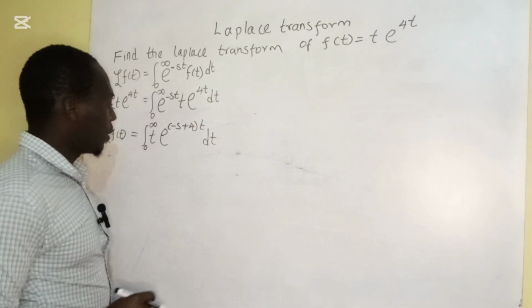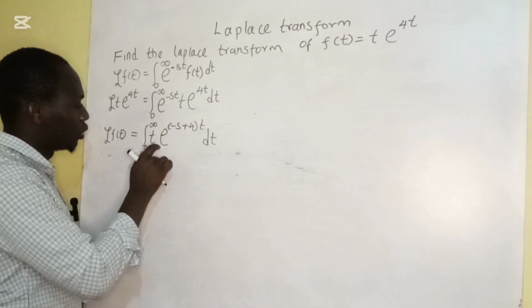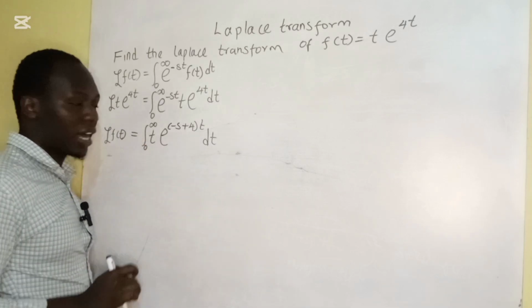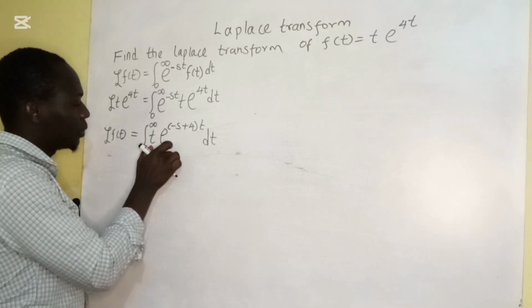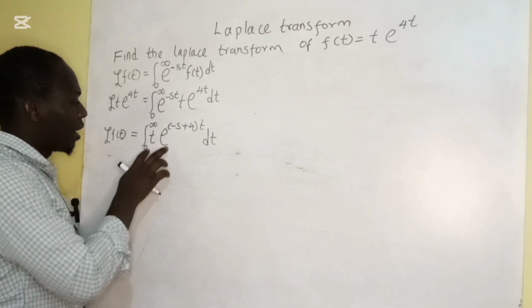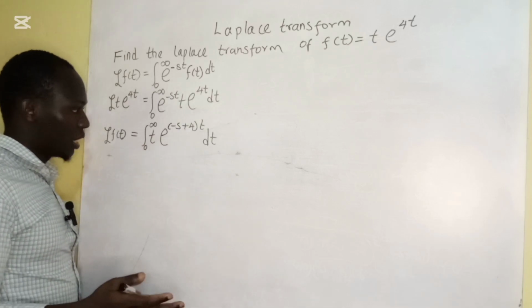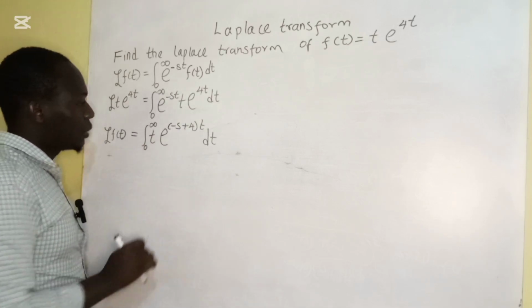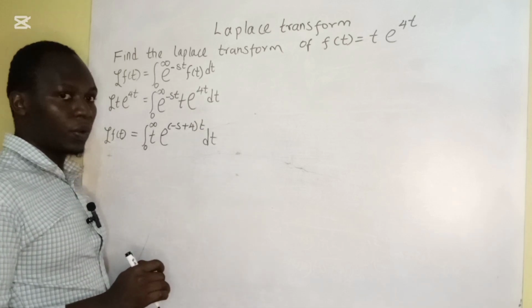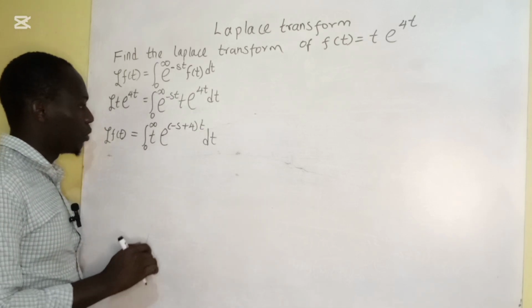At this point, we need to check the best way by which we can simplify our functions here. When you check here, we cannot convert t into an exponential, and that automatically leads us into the integration by parts formula.